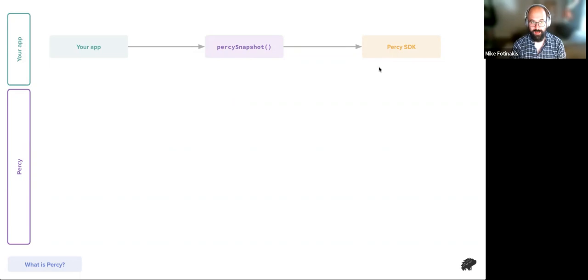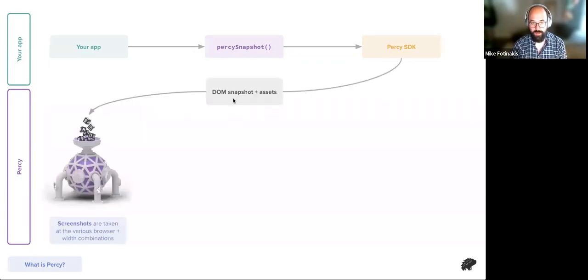Most people think that you're actually sending up an image to Percy, and Percy's going to do image comparison there. But actually, a huge part of Percy's architecture is the fact that we send up DOM snapshots and assets like HTML, CSS, images, the different pieces that make up your page. And we render them at various browser and width combinations for you on real devices and real browsers.